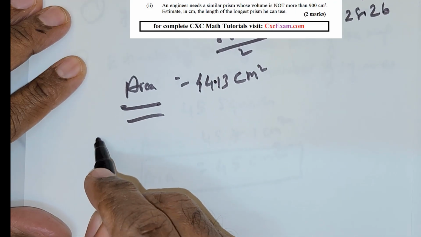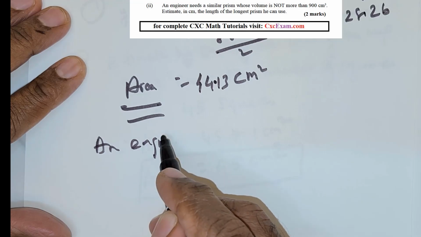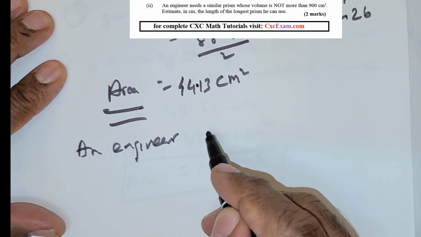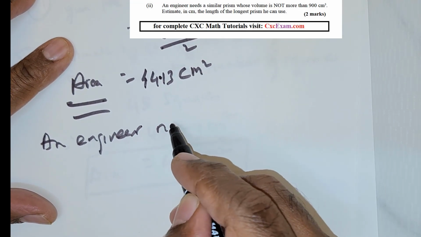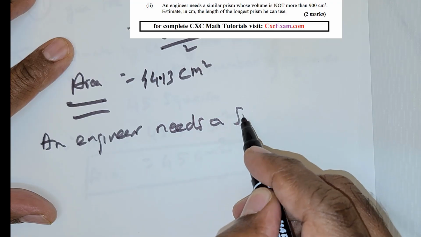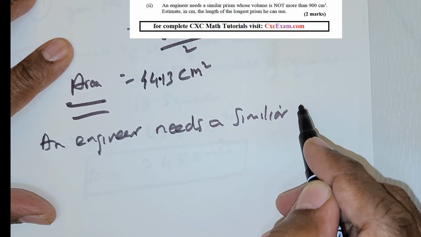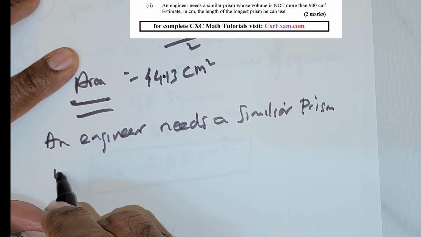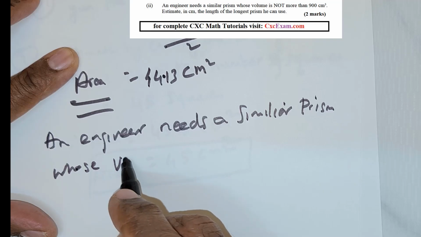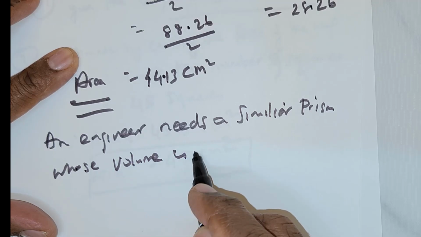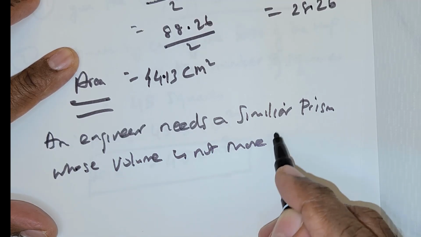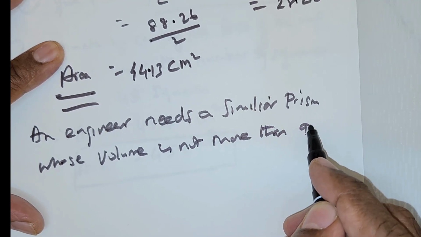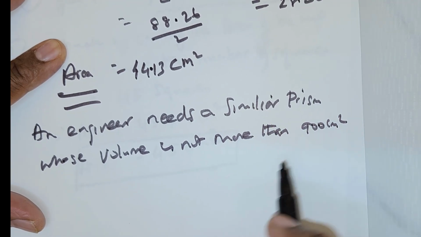The next part states that an engineer needs a similar prism, whose volume is not more than 900 cm cubed.